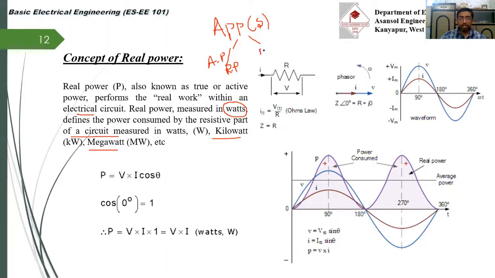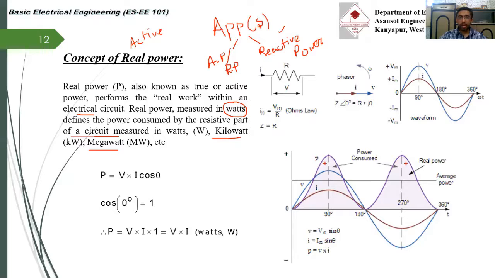Another one is reactive power. So what we are discussing here is the active power or the real power, which is the real consumable power. That is the reactive power. Okay, we will discuss this reactive power later.